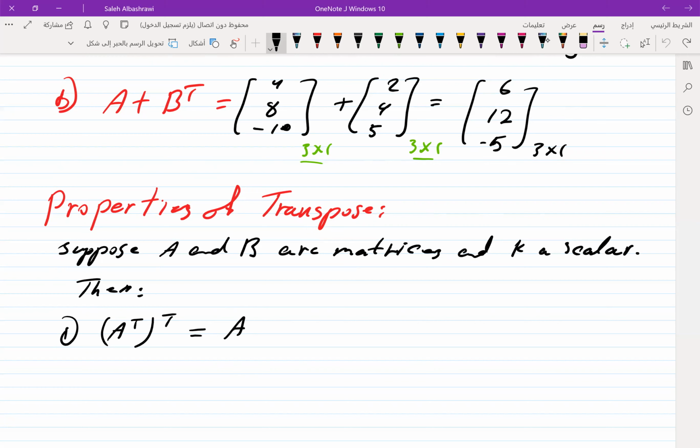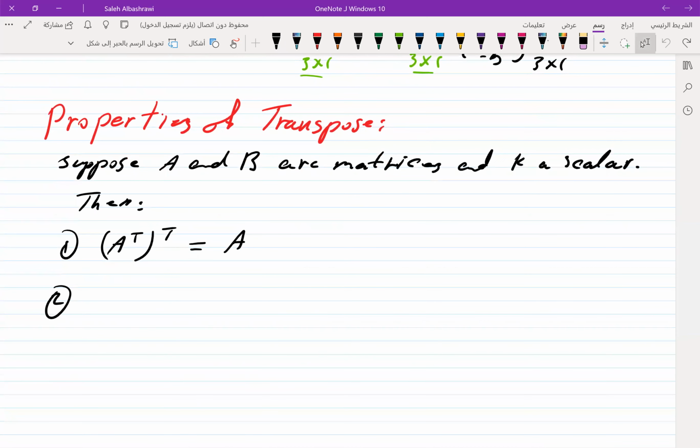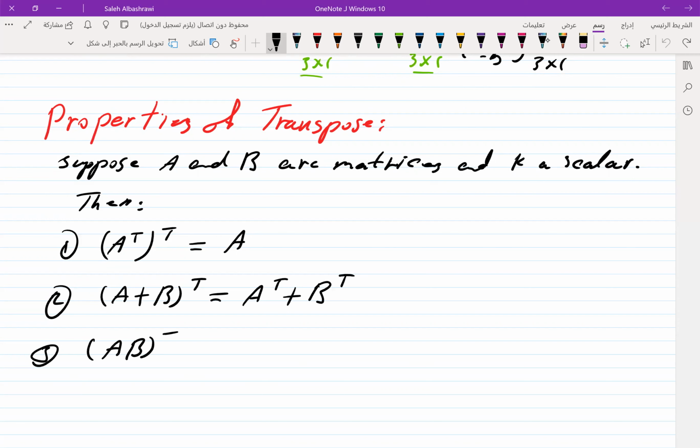Number 2: A plus B transpose is equal to A transpose plus B transpose. Number 3: A B transpose equals B transpose A transpose, representing the order.